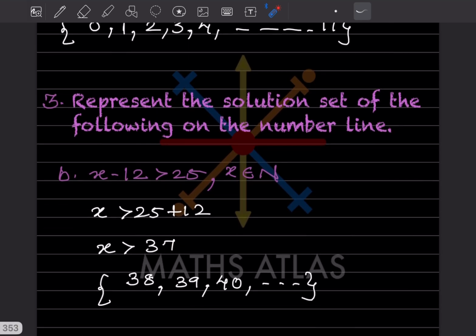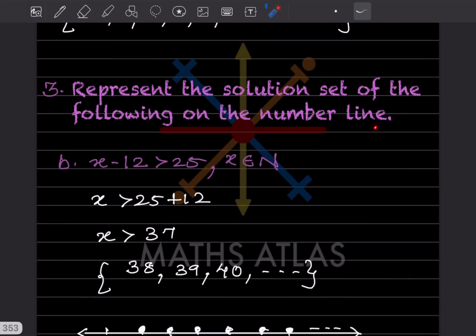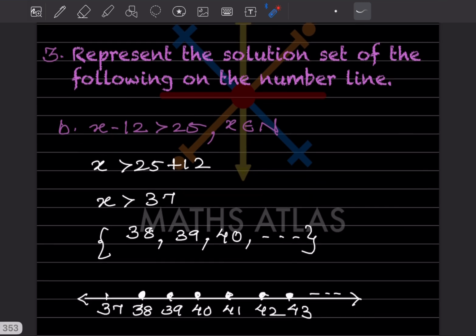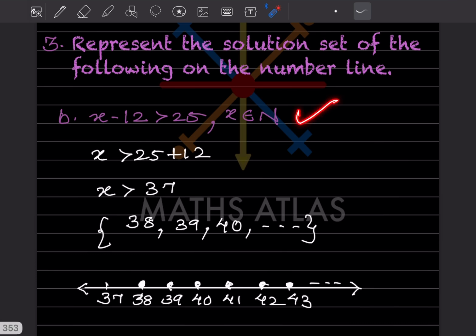Represent the solution set of the following on the number line. Directly we cannot write the numbers on the number line, so first we have to solve it. Now this is the question given, and x belongs to N, this is a natural number. So x will be as it is, 25 as it is, minus 2, 12 will be plus 12.